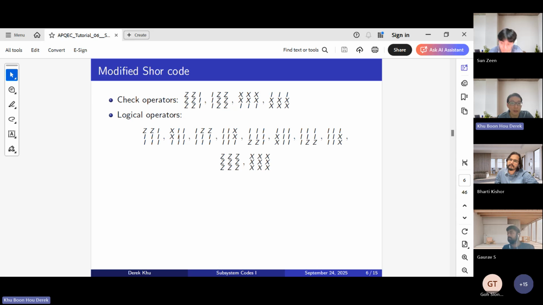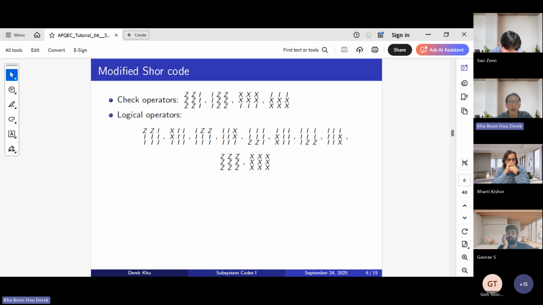And the same for the second pair, they differ in this spot, and then the third pair and the fourth pair. You could check, for example, for the first operator that it anti-commutes with only the second guy, and then it commutes with the rest. And you should check this for all of these.